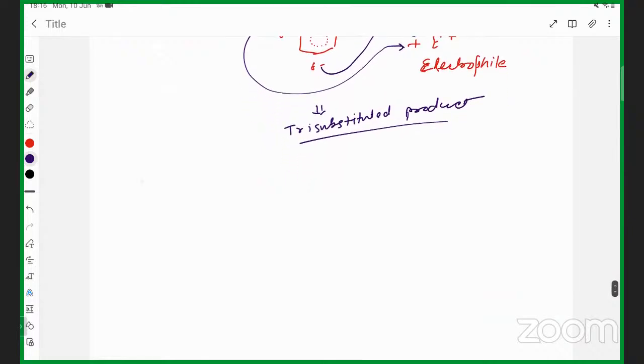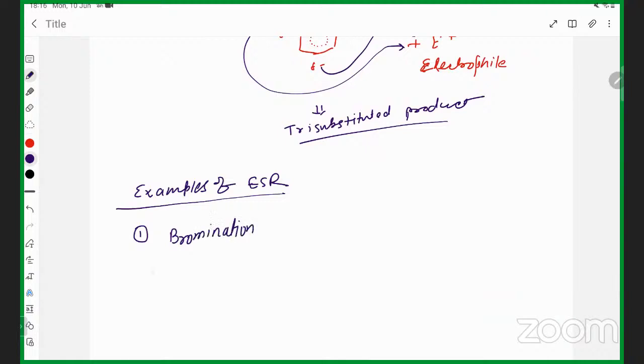Now, what are the examples of ESR reaction? Examples of ESR reaction. First one is bromination. Next one is nitration.